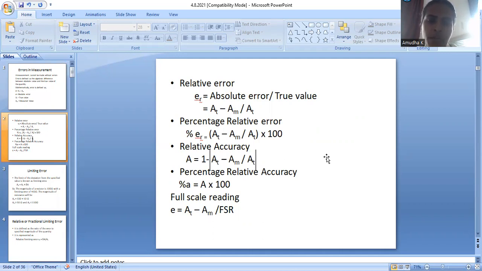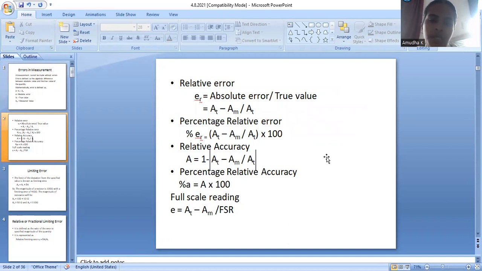Then relative accuracy. Relative accuracy is equal to 1 minus (A suffix T minus A suffix M) by A suffix T, that is, 1 minus the modulus of relative error. That is relative accuracy. Then percentage of relative accuracy means the relative accuracy multiplied by 100.